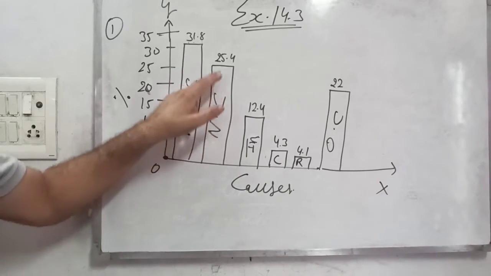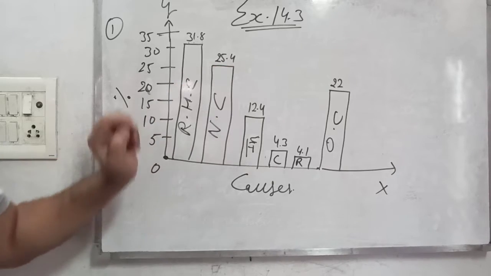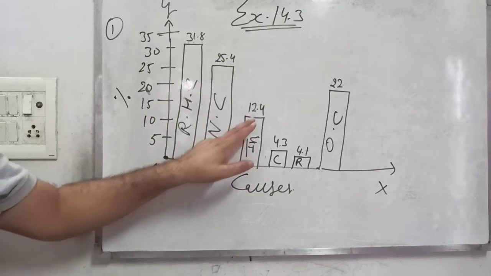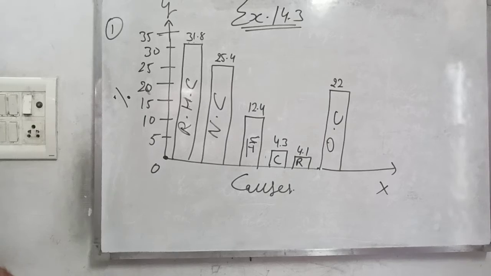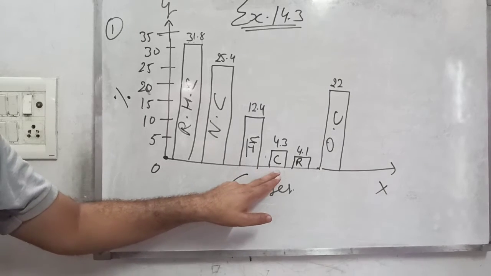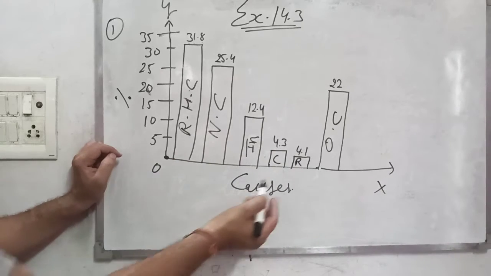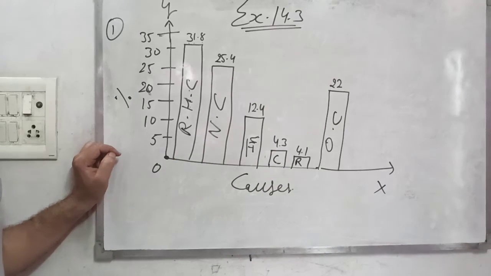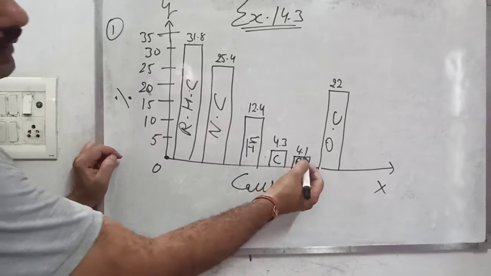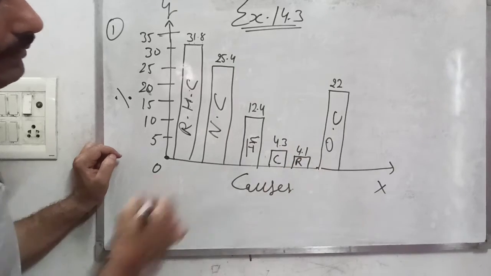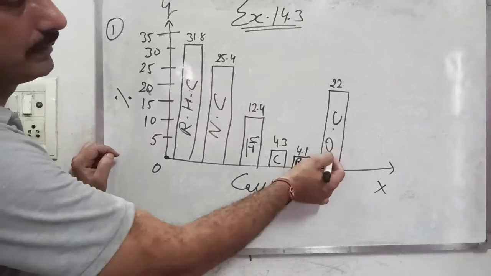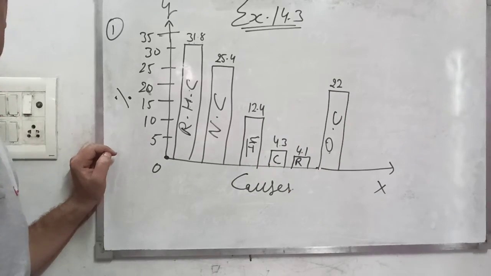In the neuro condition there is 28.4, and due to injuries 12.4 females are suffering, and cardiologist there is 4.3, and respiration health condition the suffering percentage is 4.1, and by the other diseases their percentage is 22.